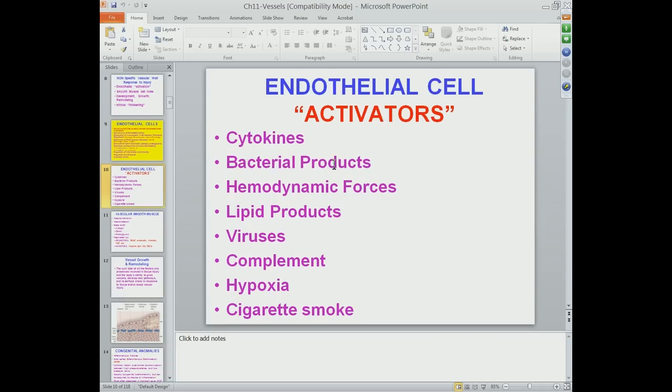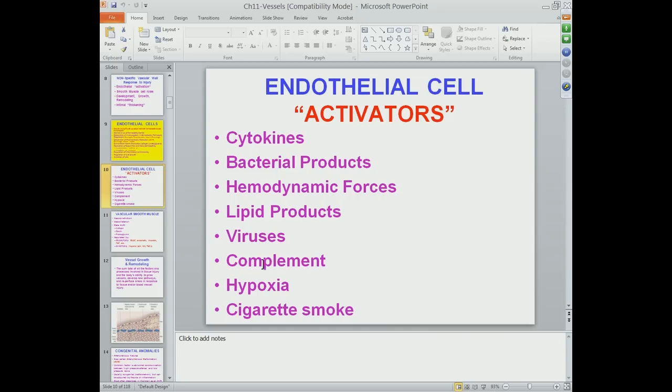There are products in bacteria called endotoxins or lipopolysaccharides, which you have here as a lipid product. There's a wide variety of cytokines which activate endothelial cells. And without going into the differential, just remember many viruses doing it. In many of the viral and bacterial pneumonias, you see prominent vasculitis as part of that.